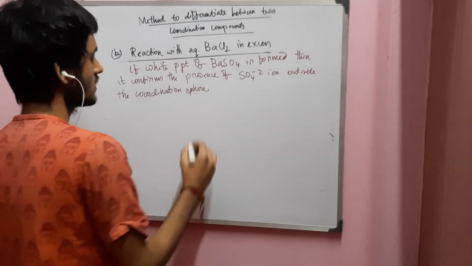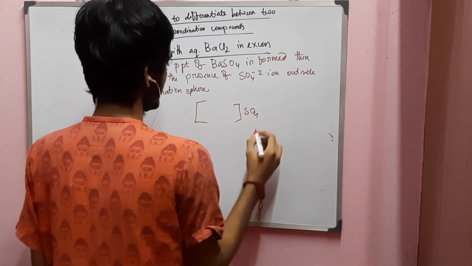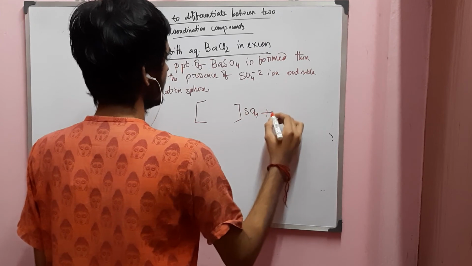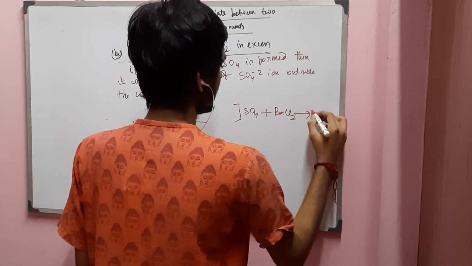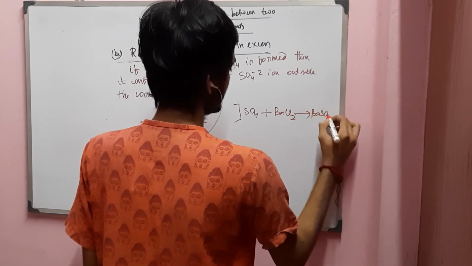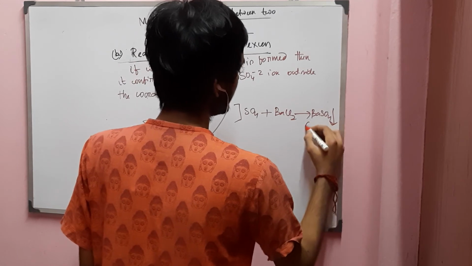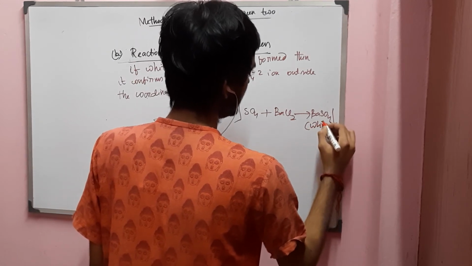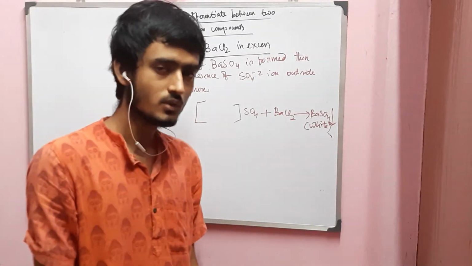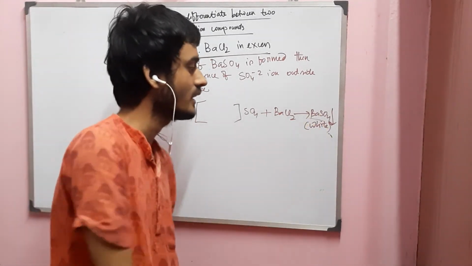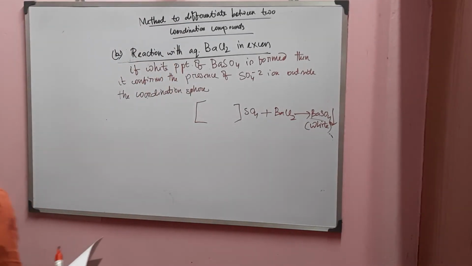So suppose there is a compound that contains SO4 minus 2 ion outside the coordination sphere, and it is treated with aqueous BaCl2 in excess, then the white precipitate of BaSO4 will be formed. It is a white precipitate like AgCl, and AgBr is a pale yellow precipitate. Okay.